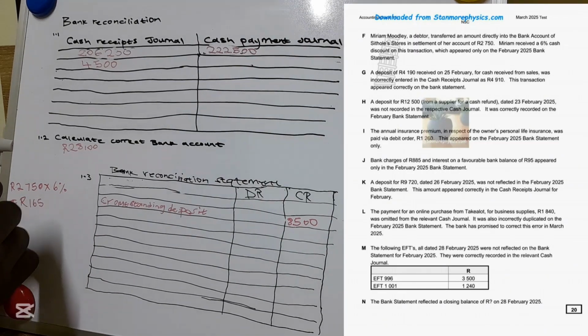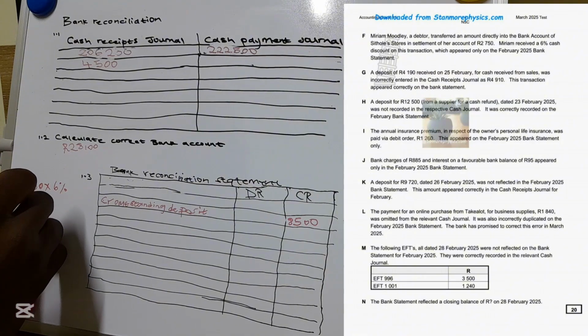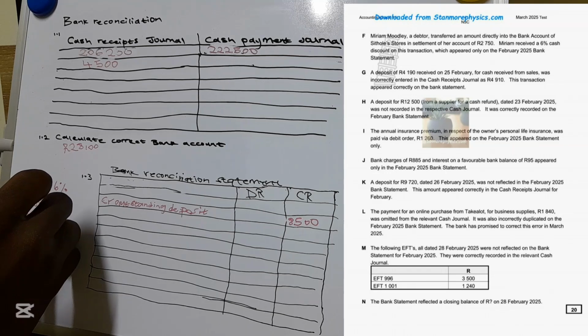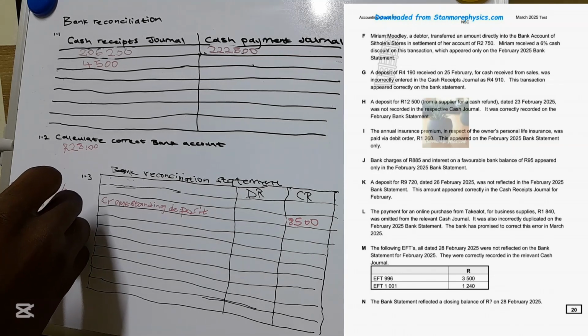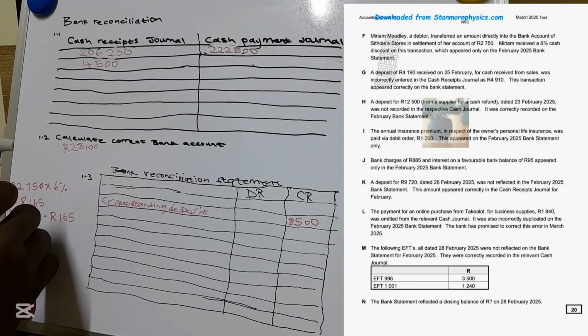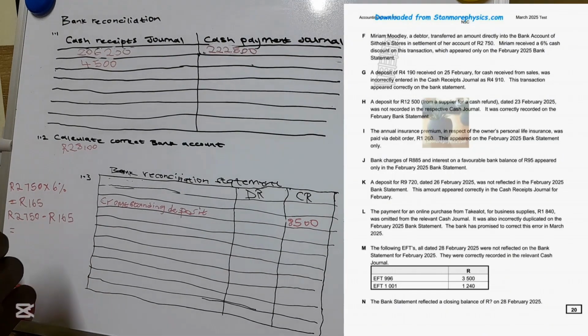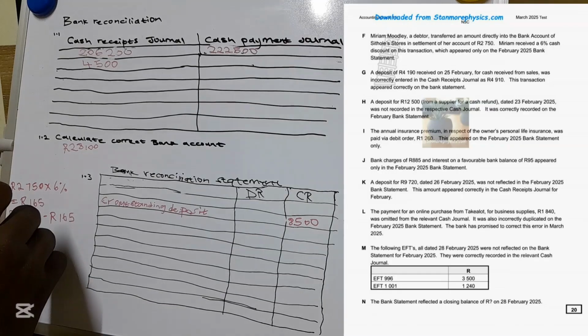So now we're gonna say 2,750 minus 165, which is going to give us 2,585.